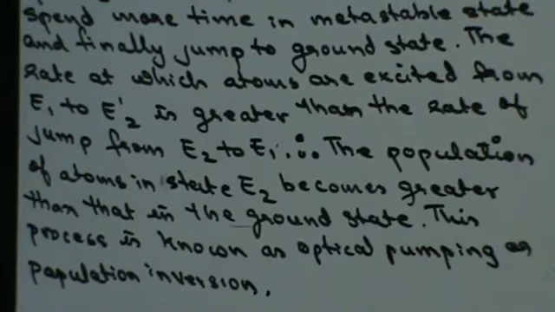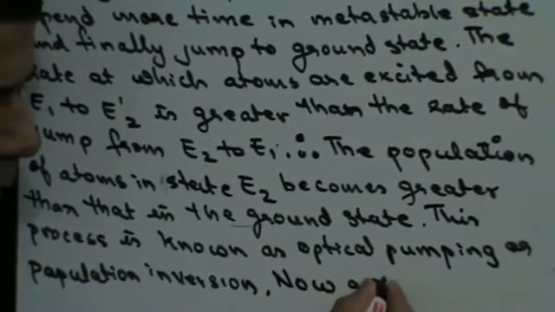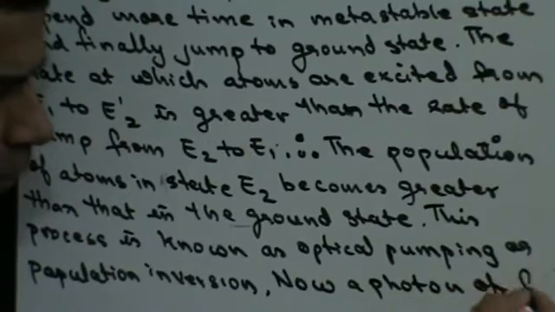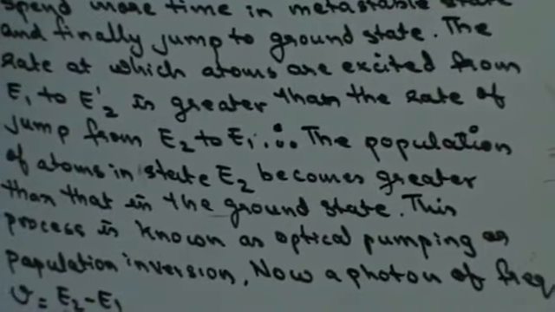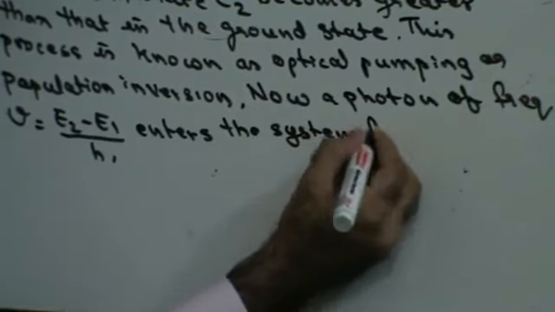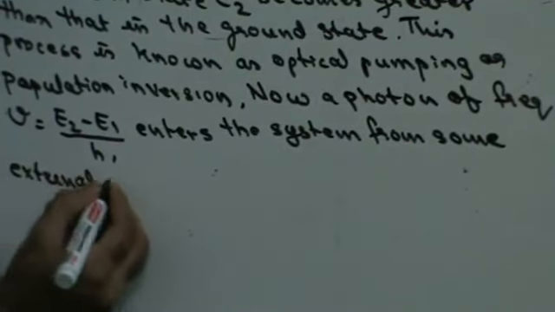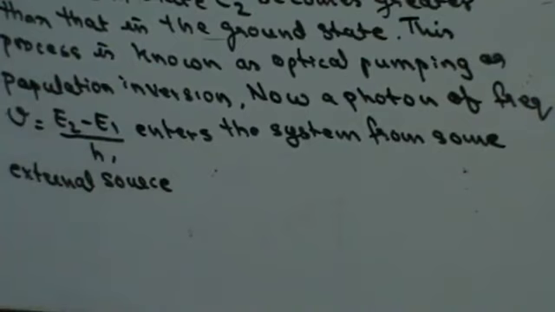Once I have population inversion taking place, now a photon of frequency V, which is equal to E2 minus E1 upon h, enters the system from some external source and collides with the atom in the metastable state.